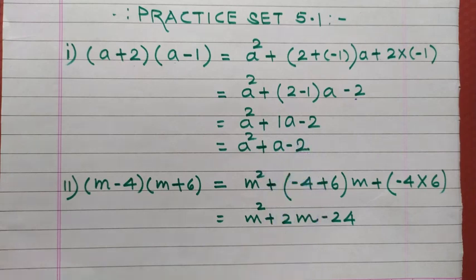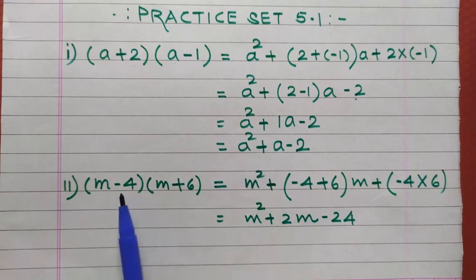We'll move towards example number 2. Example number 2 is (m minus 4) into (m plus 6). We have to expand it. So the equal term is m and unequal terms are minus 4 and 6. So the same thing is applied here also. It will be m square, equal term square, plus the sum of those two unequal terms.